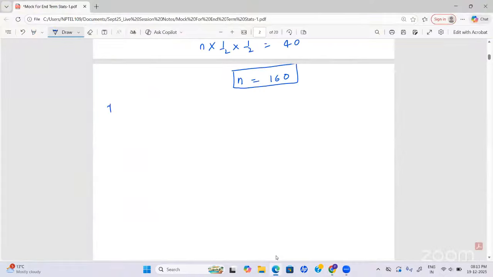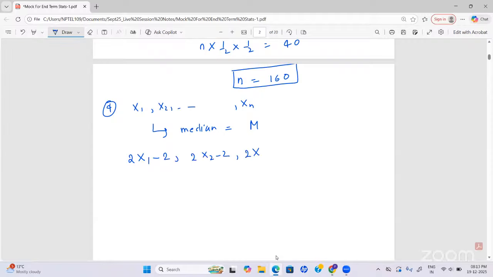So for the data set xi, x1, x2 up to xn, suppose the median is some number m. Then we have to find the median for the data set 2x1 minus 2, 2x2 minus 2, 2x3 minus 2, like this up to 2xn minus 2.